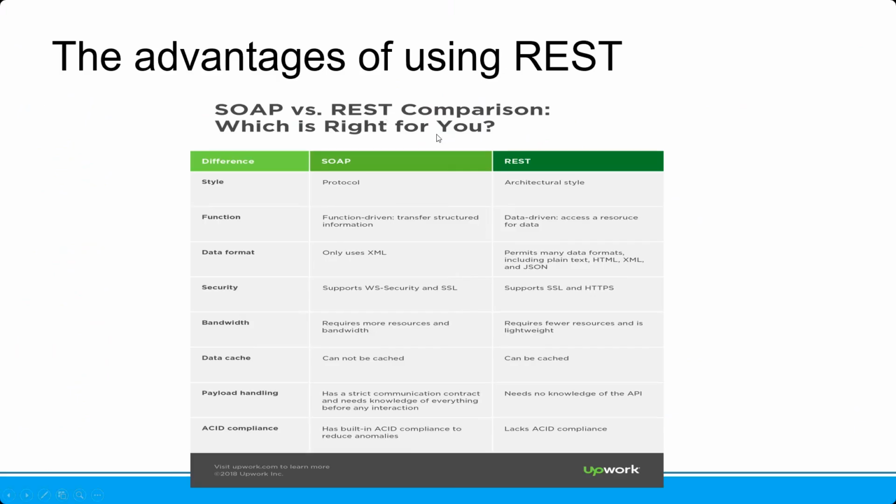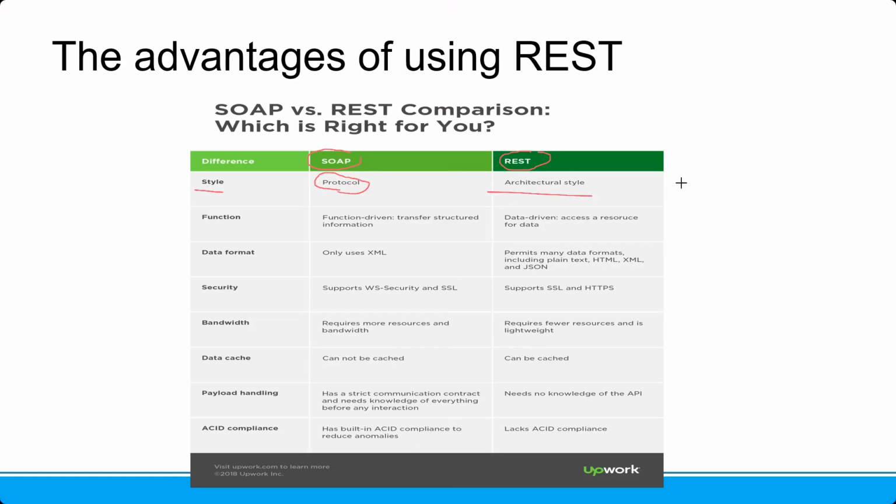What is the advantage of using REST? So there are some comparisons between SOAP and REST. People used SOAP in the old days, but nowadays they try to use REST. The style is different. The style of SOAP is more in the protocol, but REST is more about the architectural style.